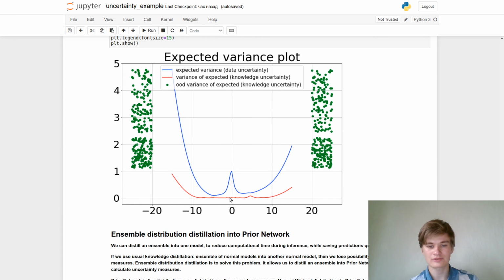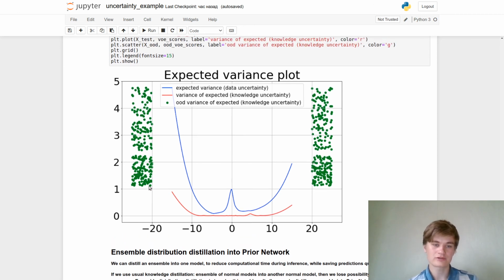So we can see that knowledge uncertainty is nearby 0 from -10 to 10 in our whole train region, and it starts to grow from 10 to the right, or from -10 to the left. And this is a good behavior for knowledge uncertainty. This is what we are expecting.